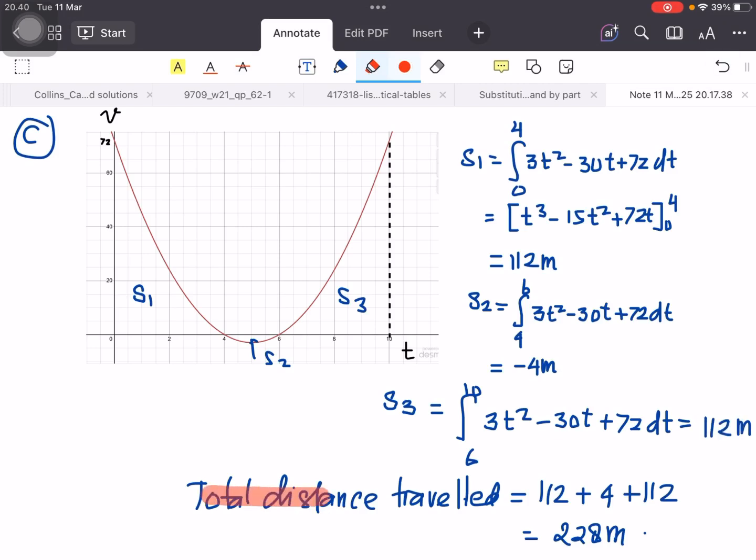So the total distance traveled, remember, total distance traveled is always positive. So even though here we get negative value, we make it into positive. So the total distance traveled will be 112 plus 4 plus 112 meters. The total is 228 meters.